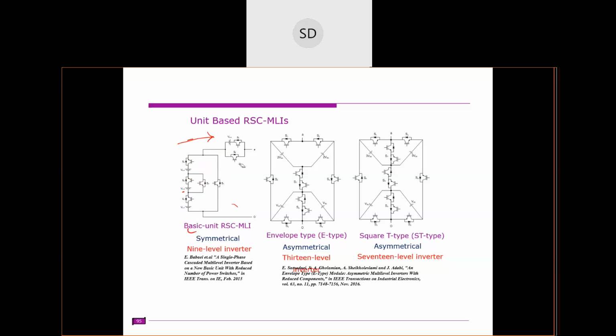Once these voltages are obtained, so this A and 0 is given to a polarity generator, so that will give you the exact polarity that you want. This is connected to a polarity generator.